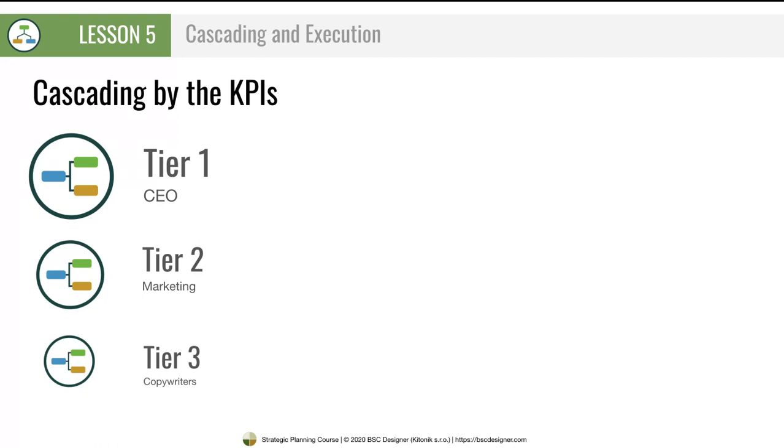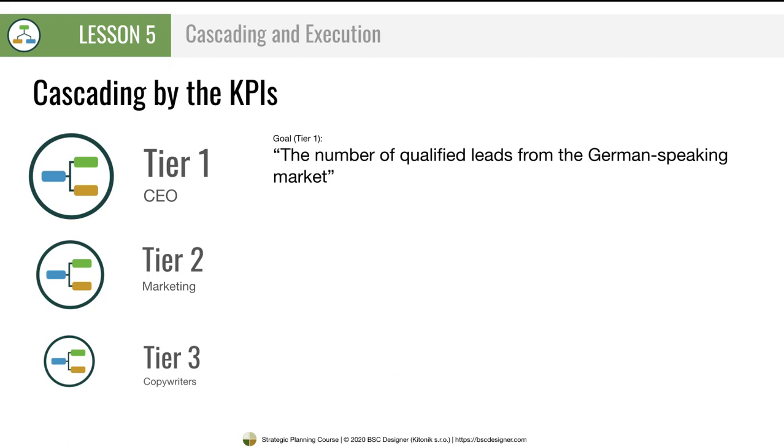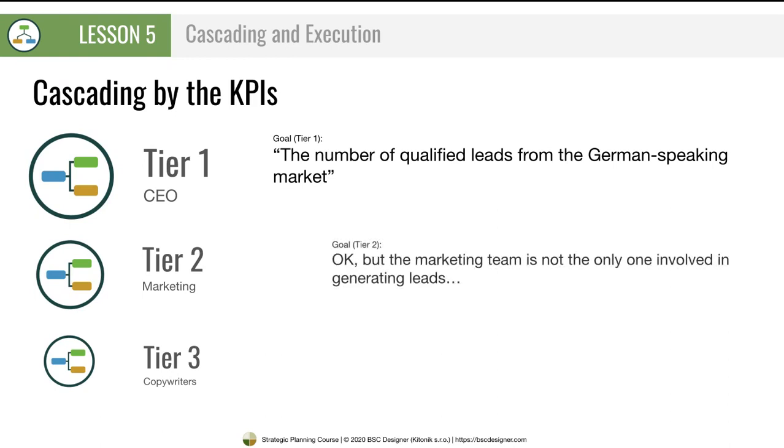Now let's see why cascading by KPIs might be a problem. The KPI for Tier 1 can be the number of qualified leads for the German-speaking market. Let's try to cascade the Tier 1 KPI to Tier 2. The number of qualified leads indicator makes some sense, as the marketing team will contribute to this KPI. Still, there are some doubts.